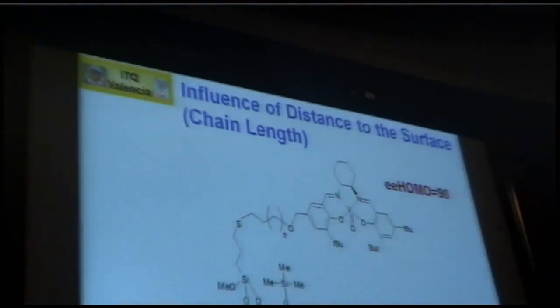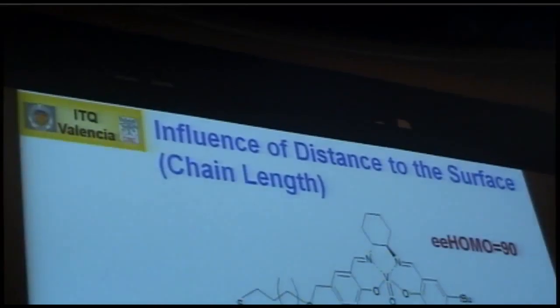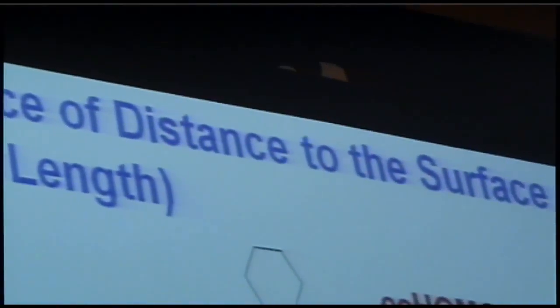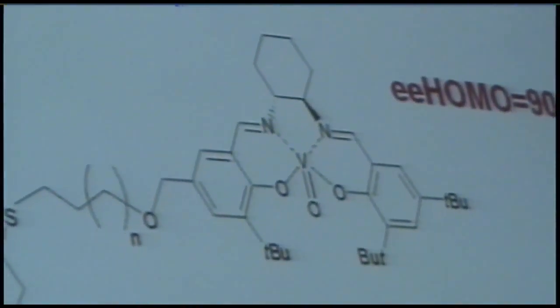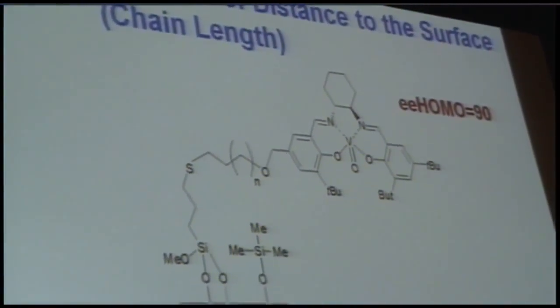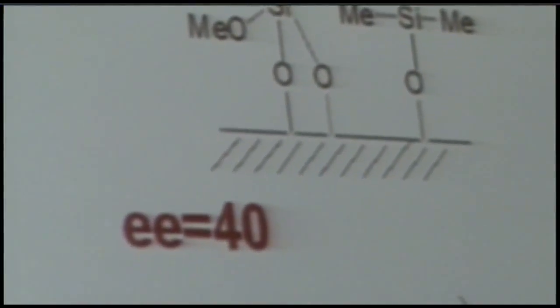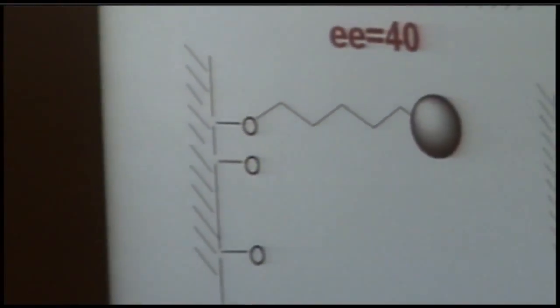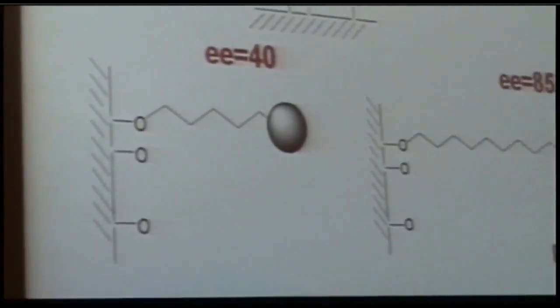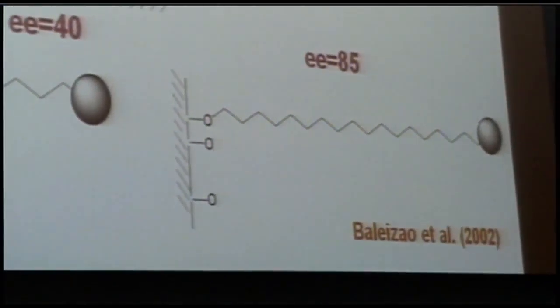That will be the third part. I will tell you the work we did in the last 6 years in this line. When we started to do the anchoring of some transition metal complexes of vanadium salen here, we could get reasonable enantioselectivities. But the enantioselectivity of the homogeneous was 90, as you can see there, while the enantioselectivity, when you support it, right away comes down.